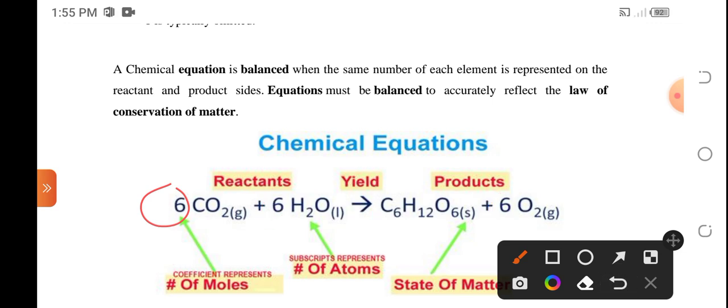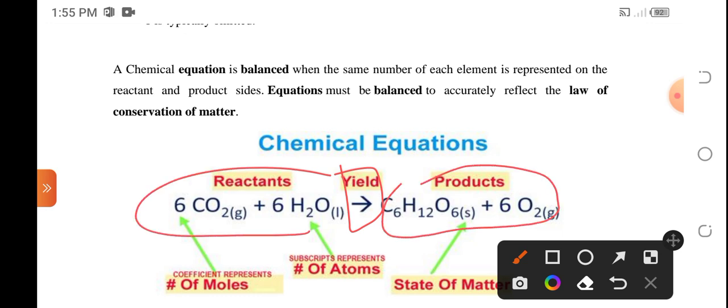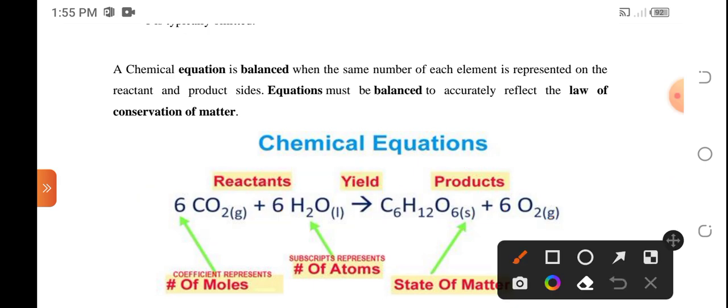The left side of the arrow has the reactants, and the right side has the products. If there are two or more reactants or products, they should be separated with a plus sign. Please take note that originally there are subscripts, small numbers written after each element, depending on the formula or symbol of the compound.